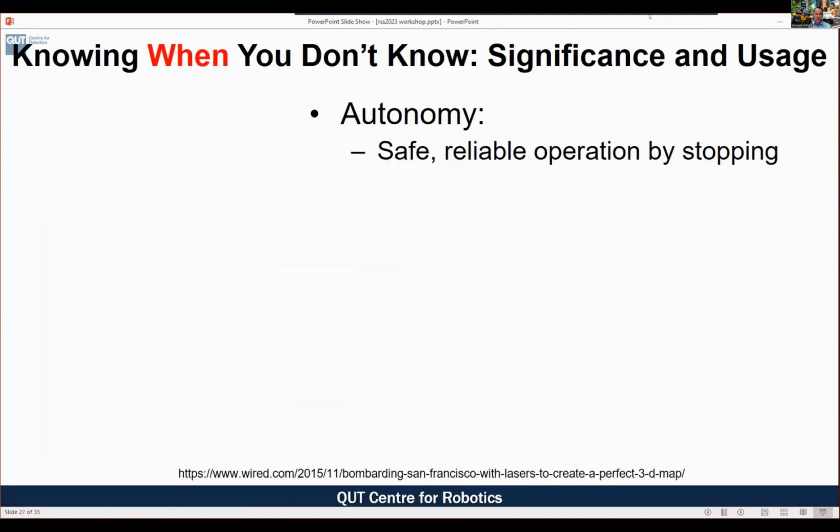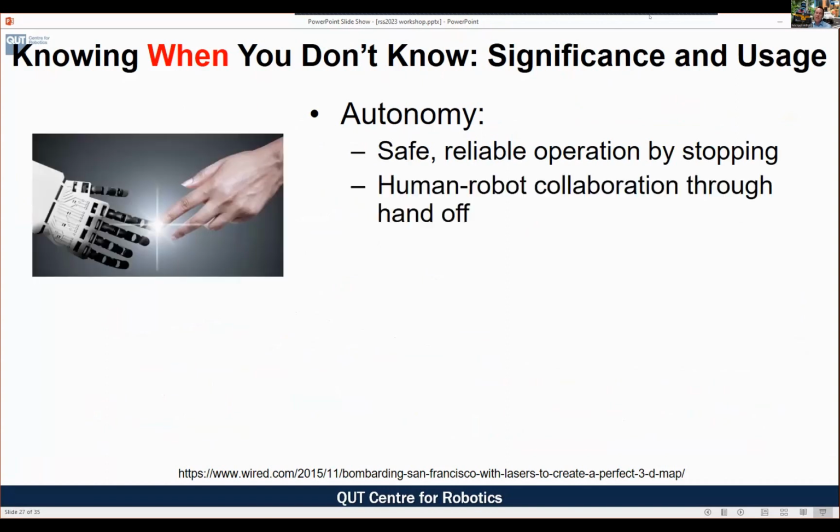And why is knowing when you don't know significant? Well, if you're thinking about learning and autonomy in systems that actually work, if a system knows it's not performing well, it can stop. If a system knows that it's not performing well, it can hand off collaboration to a human collaborator. And we know increasingly we're moving away from full automation to collaborative automation in the robotics and AI space.